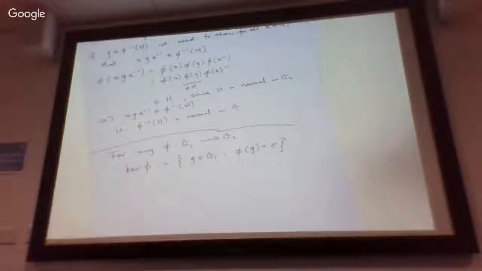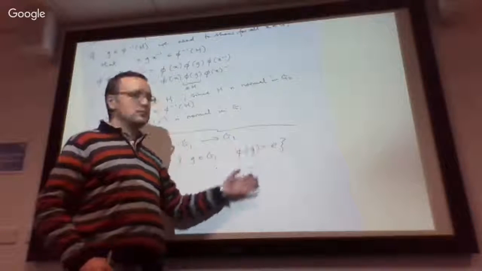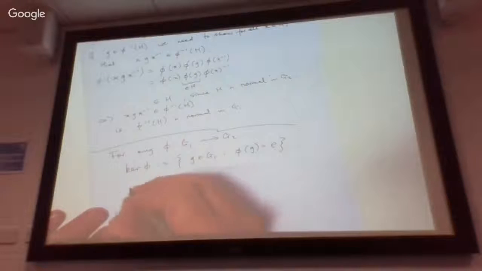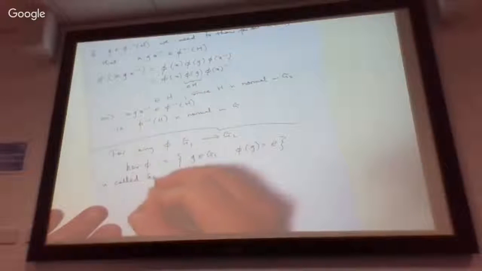And remember, non-isomorphism homomorphisms are not, in general, going to be injective. So we know phi of E is equal to E, but there may be a lot of other elements that are also sent to E. So this might be an interesting subset of G1. And this is called the kernel of phi.